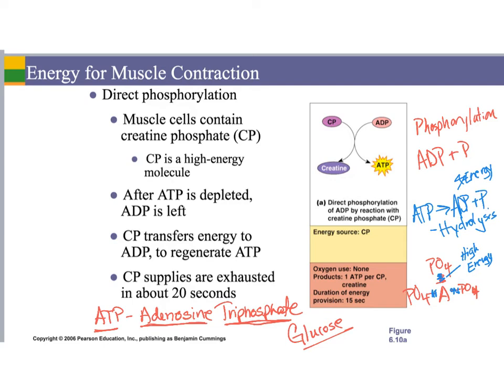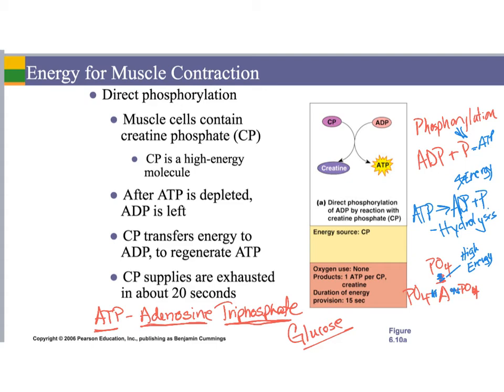So hydrolysis is the releasing of energy by breaking off a phosphate. And then if we're going to add a phosphate to make ATP, this is phosphorylation. All right? So phosphorylation and hydrolysis.